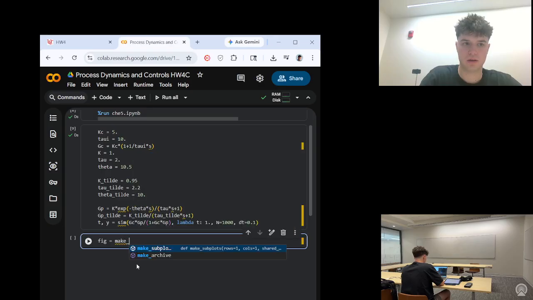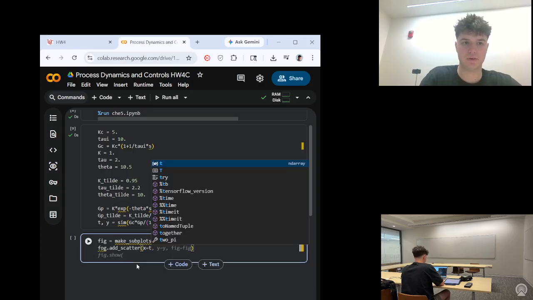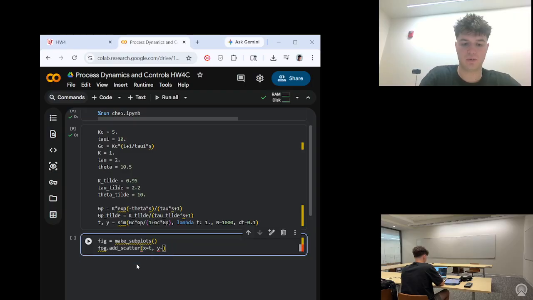Make subplots, fig dot add scatter. We want our x axis to be equal to time. Y is just gonna equal our y variable. And then we want mode to be equal to lines.